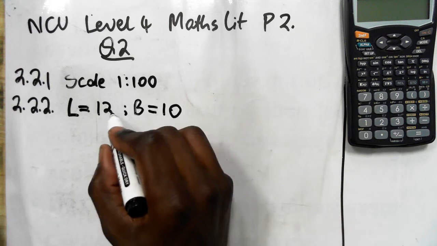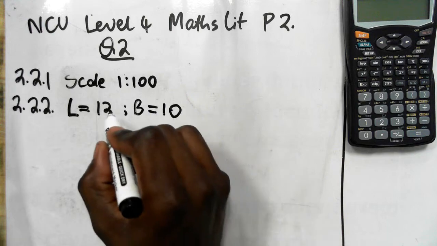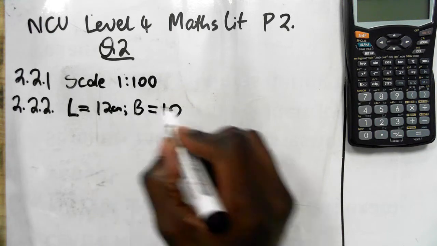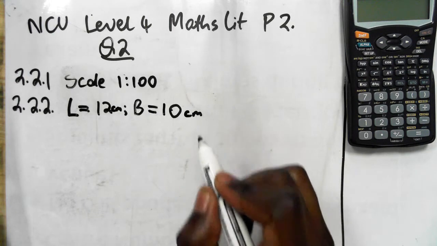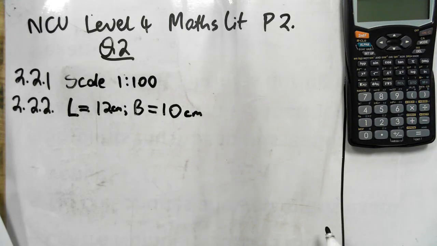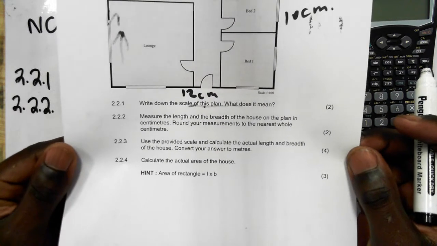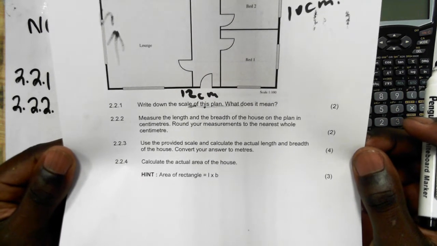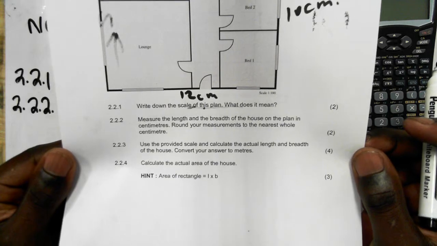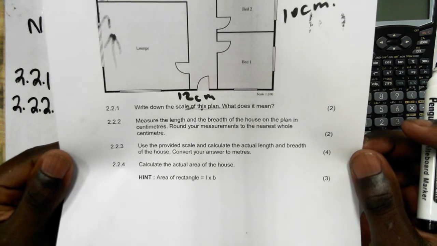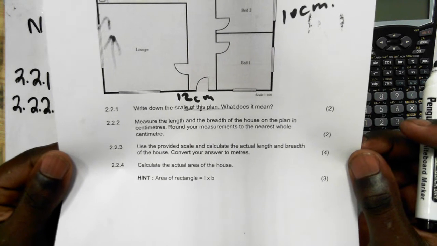And bear in mind that this is centimeter, that is centimeter, and it's important that I put it here, just squeeze it in here, centimeter. So these are centimeters. Good. Now let's go to the following question. The following question says to us now, use the provided scale and calculate the actual length and breadth of the house.